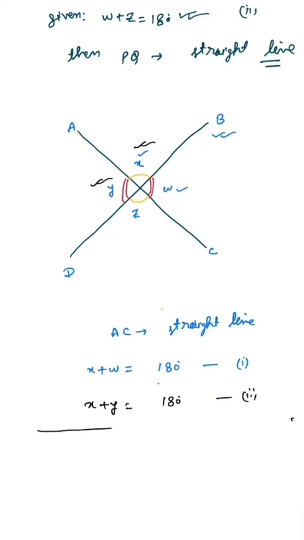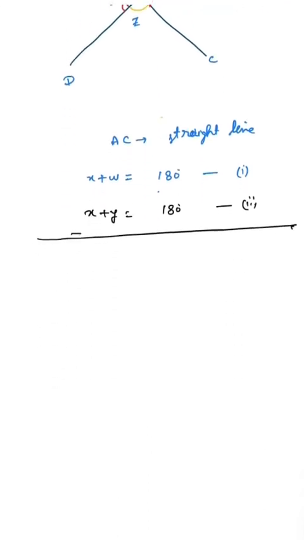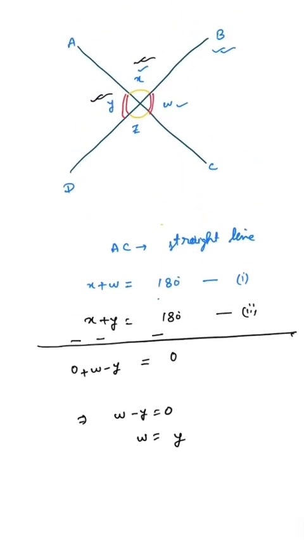Now if we subtract equation 2 from equation 1, this will be 0 plus w minus y, or we can say w minus y is equal to 0, or angle w is equal to angle y. If you see in the picture, this is angle y and this is angle w. They are vertically opposite angles and they are equal.